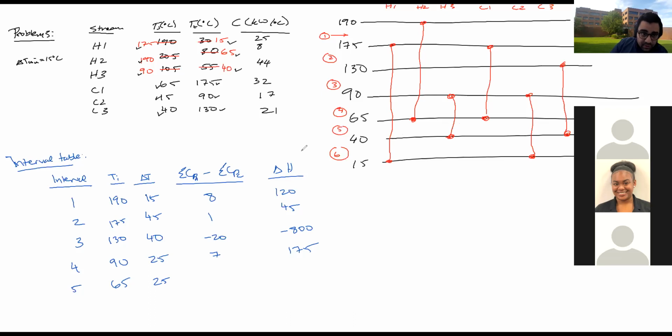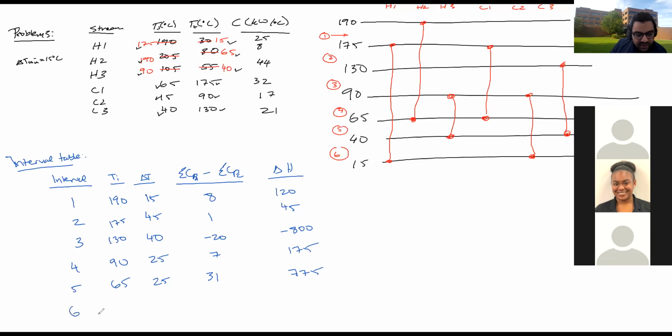I have H1, which is 25, plus H3, which is 44, minus C2, which is 17, minus C3, which is 21. And this gives a value of 31. And delta H in this case will be 31 multiplied by 25, which is 775.